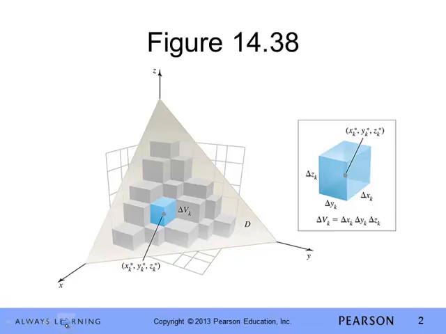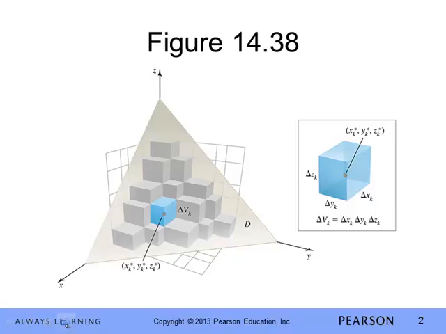And just like we developed your definite integrals in one and two dimensions, where we let delta x and delta y go to 0 to get your dx element or your dx dy element, we're going to let delta x, delta y, delta z go to 0 so that your dV element will just be dx, dy, dz in some order.